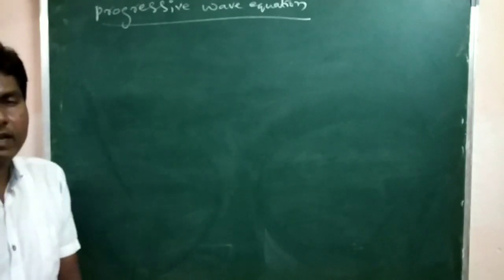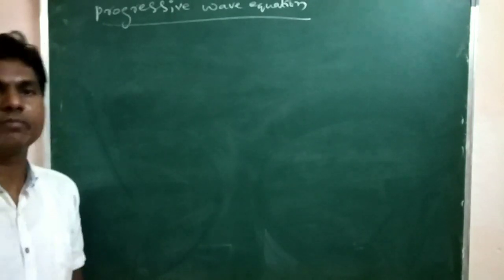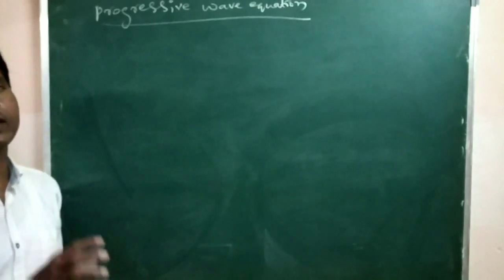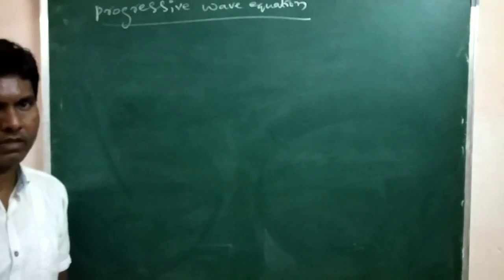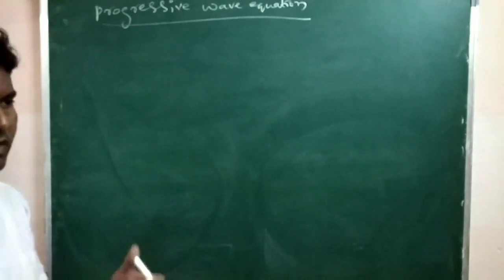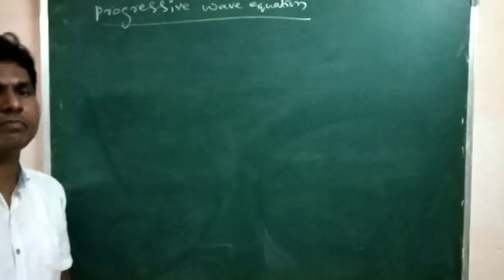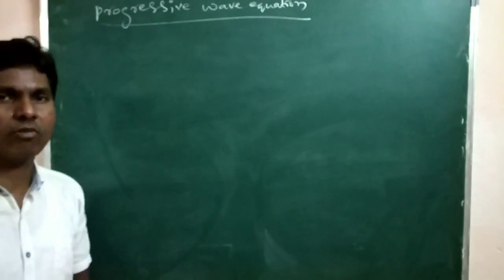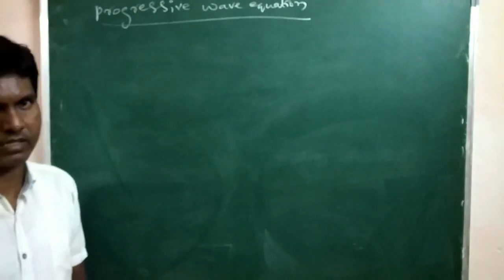All the particles are executing harmonic motion because they are vibrating about their mean position. That's why that equation is called the harmonic progressive wave equation.